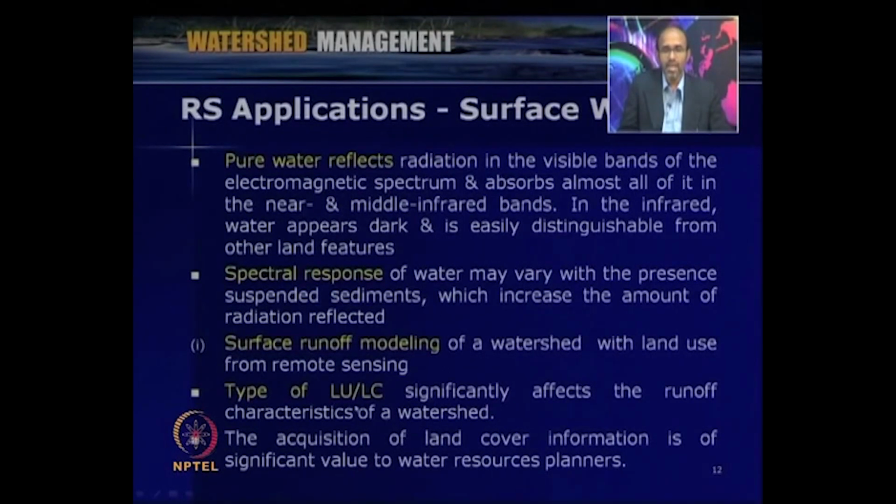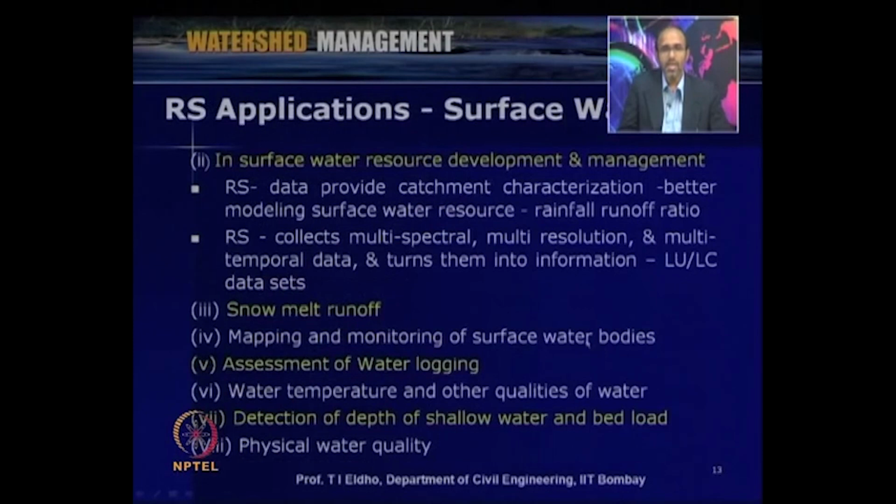So, this land use land cover data for a watershed or a river basin we can directly utilize. The acquisition of land cover information is of significant value to water resource planners. That way, we can utilize remote sensing in an effective way for watershed based or water resource based planning and management.